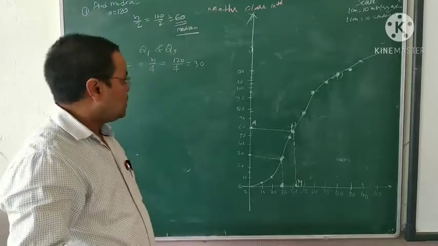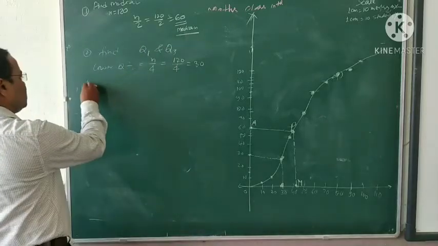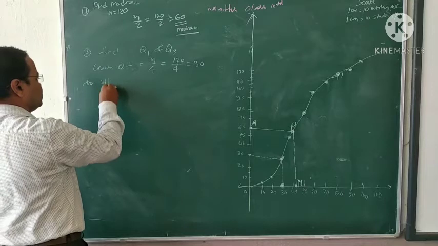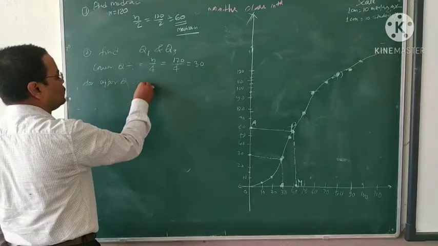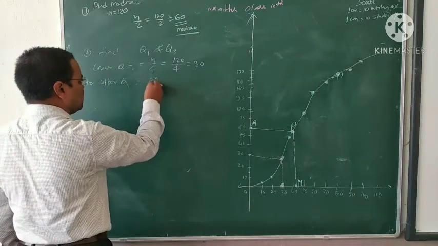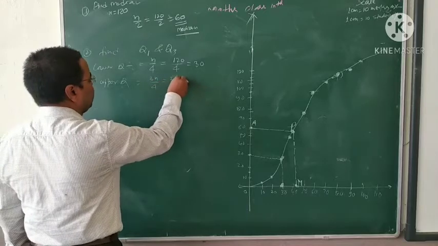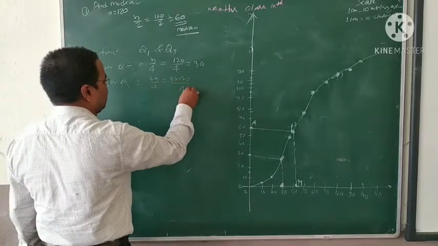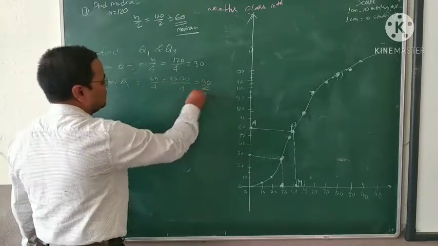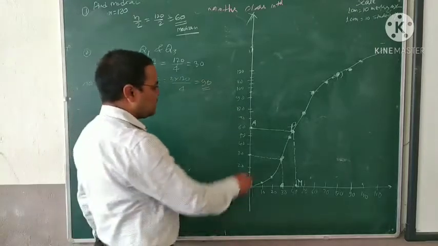Getting it? Now for upper quartile, we write 3n by 4. So 3 into 120 by 4 is 90. So again we find a line.